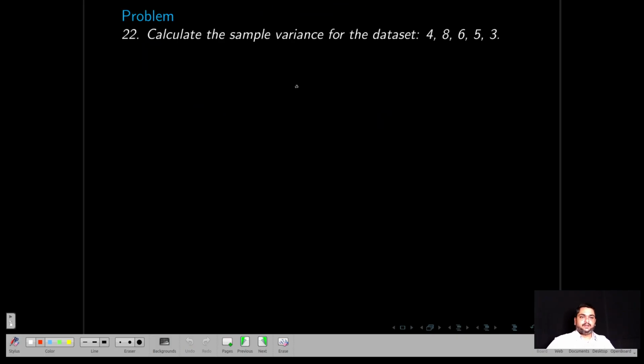Next, calculate the sample variance of the data set. Again, sample variance. So first you have to find x bar, that is 4 plus 8 plus 5 plus 3 and so on divided by n, which is equal to 5. So x bar comes out to be 5.2.